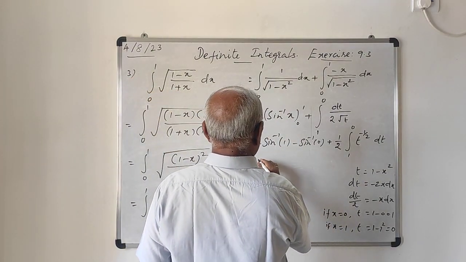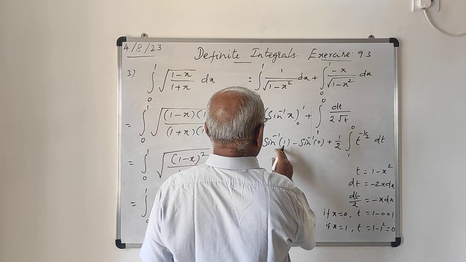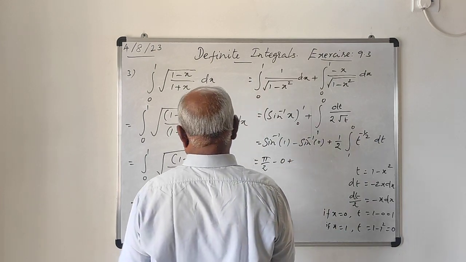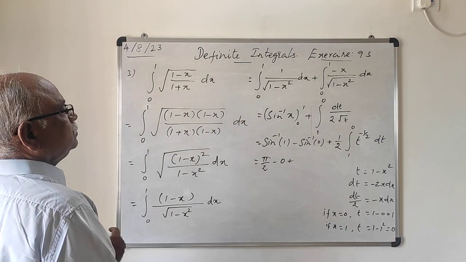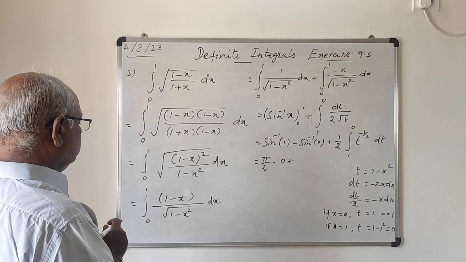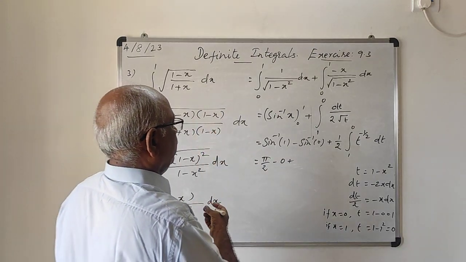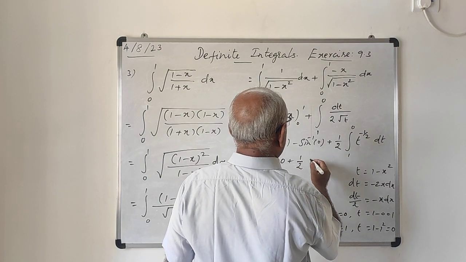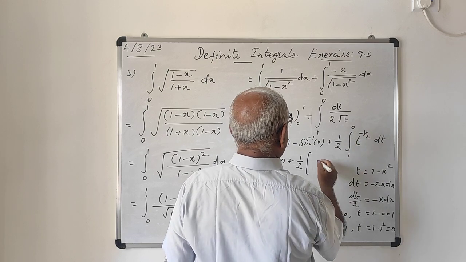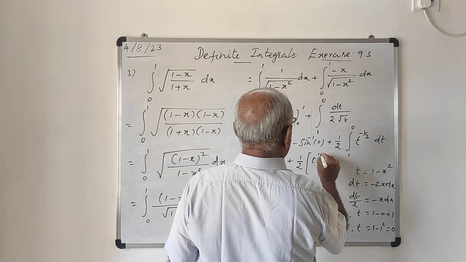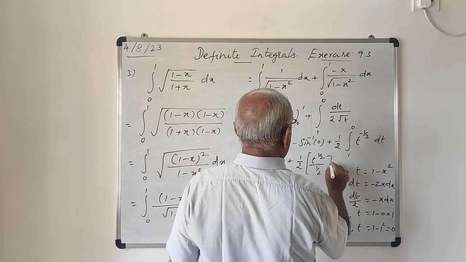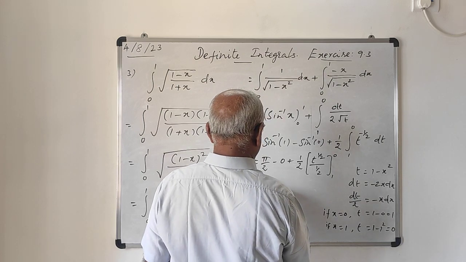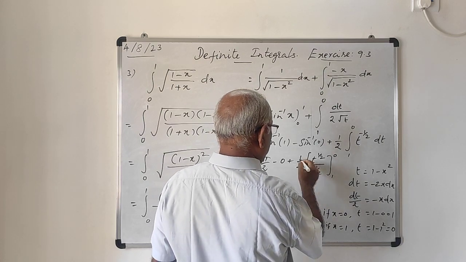What do you get? Sin inverse 1 is sin 90, therefore this is pi by 2. Sin inverse 0 is 0. Plus 1 by 2 into t power half from 1 to 0. The 1 by 2 and 2 cancel.